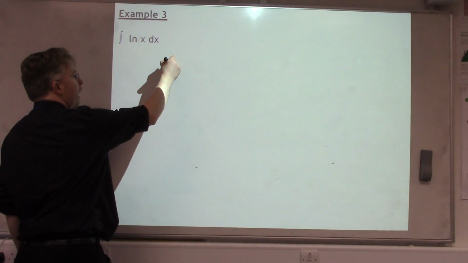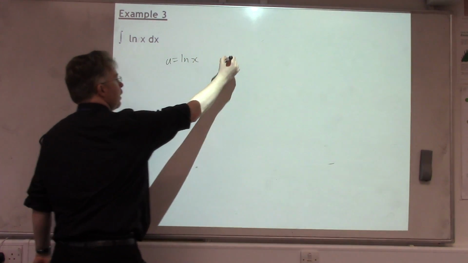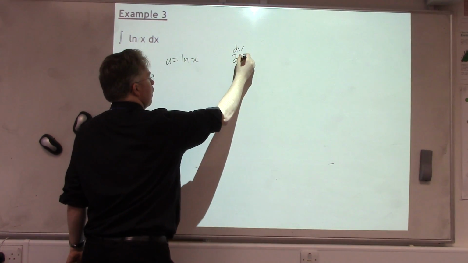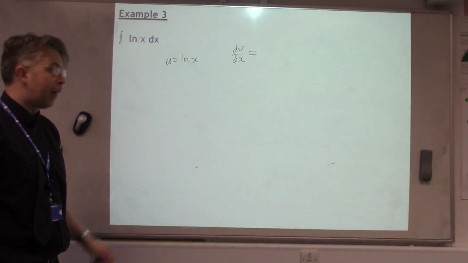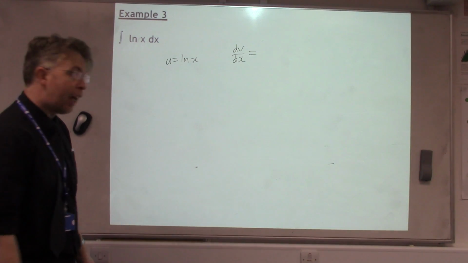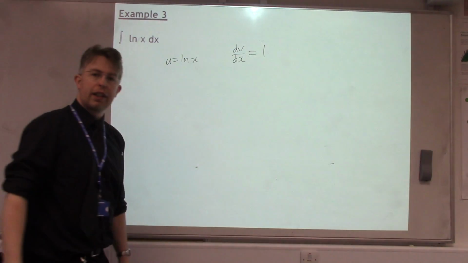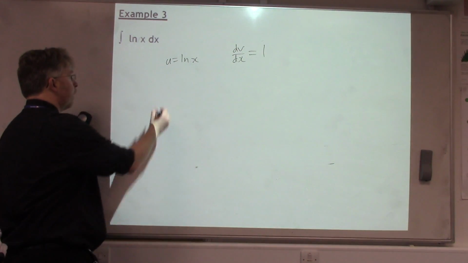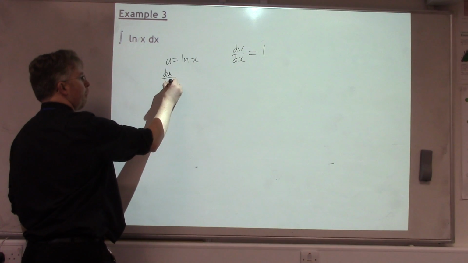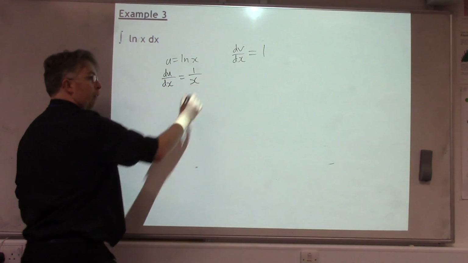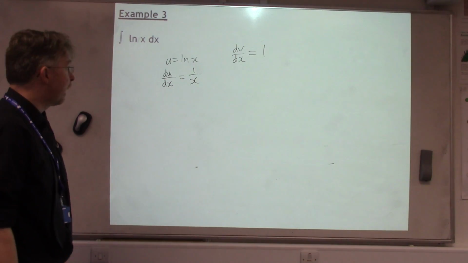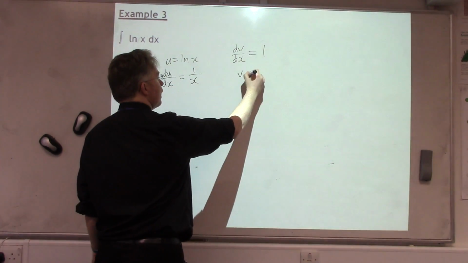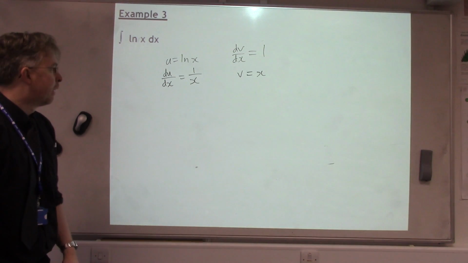So u equals ln x. dv by dx, well there's no other explicit function to multiply, but ln x times 1 is ln x. So dv by dx is equal to 1. Differentiate u, du by dx equals 1 over x. Integrate the dv by dx, v is equal to x.